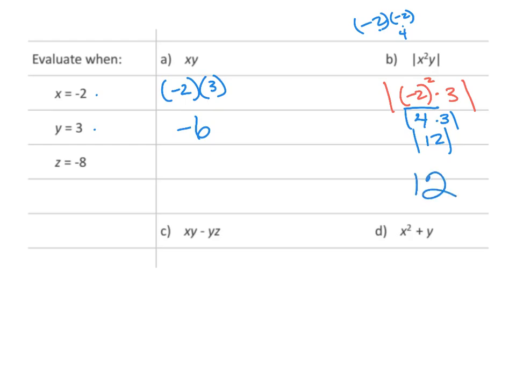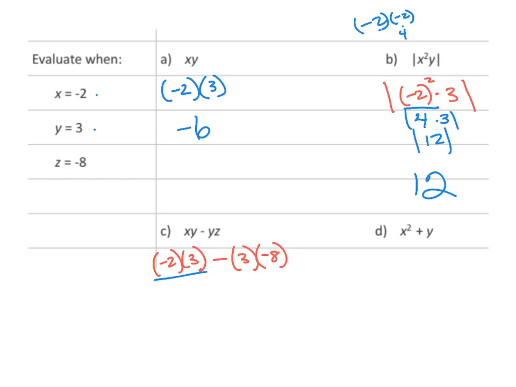A little bit longer one down here. X, y. X times y. So I got negative 2 times 3 minus y again, which is 3, times z, which is a negative 8. So let's start with the front half.